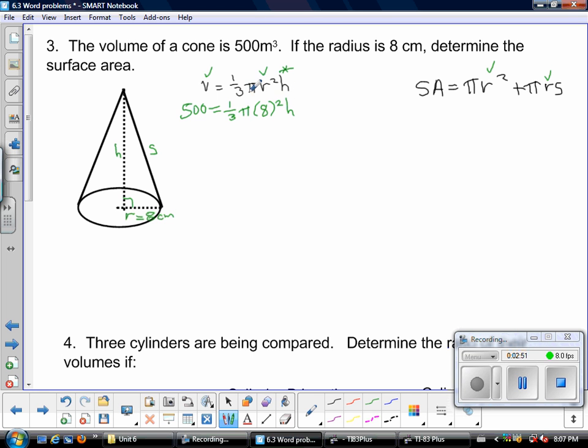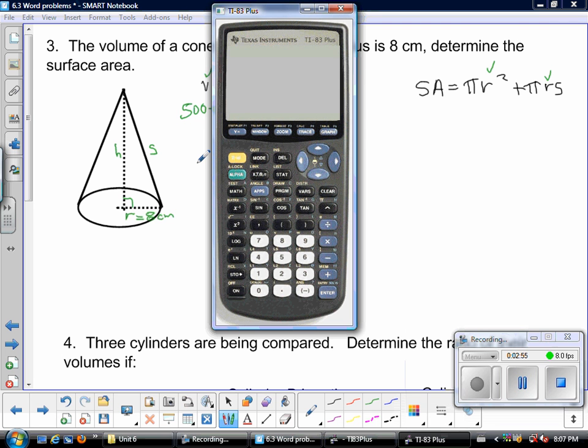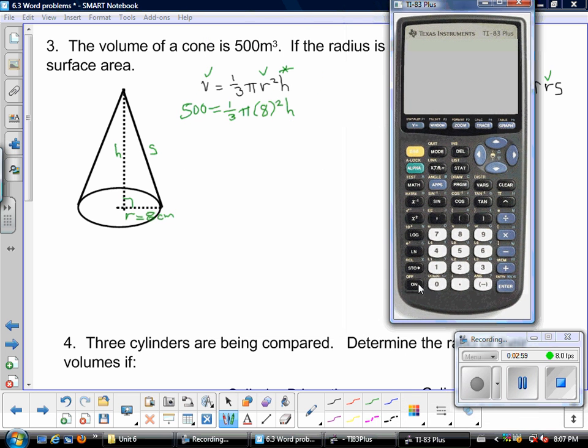So I'm going to pull up my calculator and calculate approximately what that is, as soon as I get it over where we can see the question. So we have 1 divided by 3 times pi times 64 equals approximately 6.09.